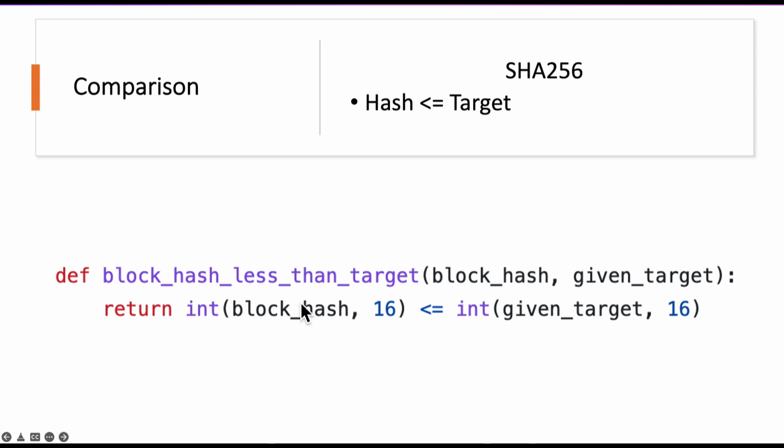So every time we add a nonce to the block header and hash them, we do a comparison between the hash we got and the target value. So this is the coding demo. You can see we need to get the block hash and make a comparison to the given target.